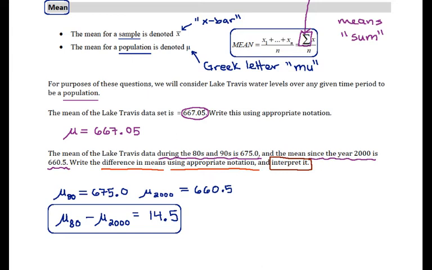Furthermore, I know that it was greater in the 1980s and 90s, right? Since we took the difference in this order and it's a positive value, I know that the one I started with is the greater value. So when I interpret this, I'm going to describe it as how much higher the lake levels were on average in the 1980s and 90s than they were in the years post-2000.